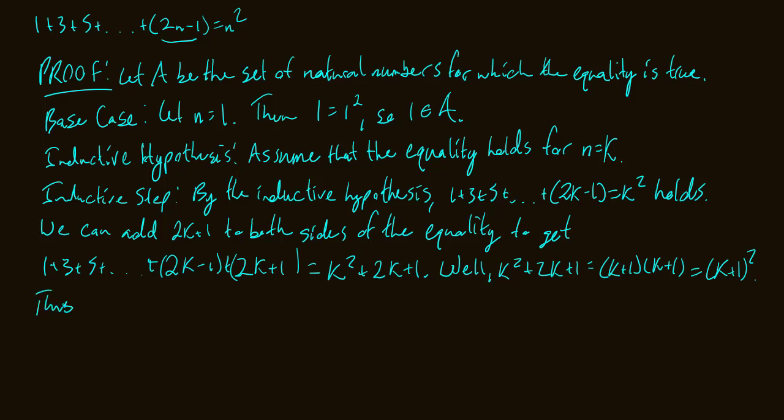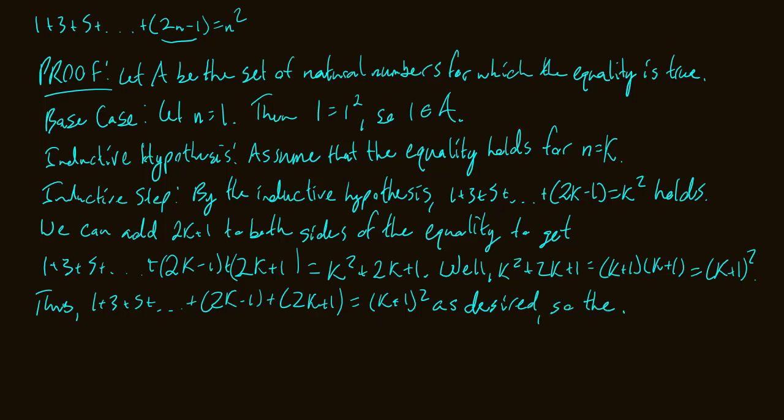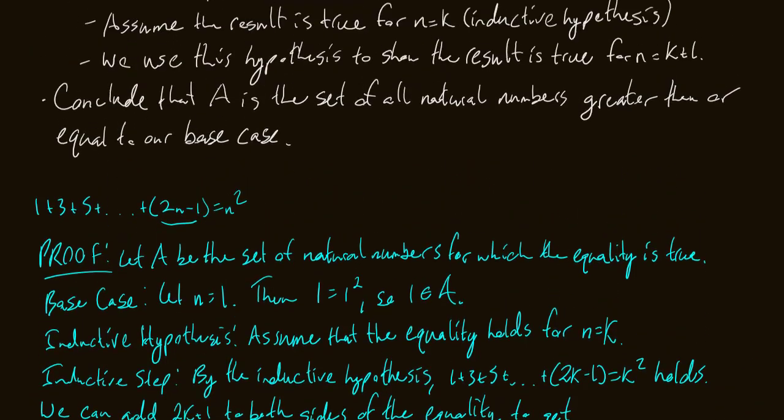Thus, 1 plus 3 plus 5 plus ... plus 2k minus 1 plus 2k plus 1 is equal to k plus 1 squared as desired. So the result holds. The result holds for n is equal to k plus 1, right? And that is exactly what we wanted to do, right?